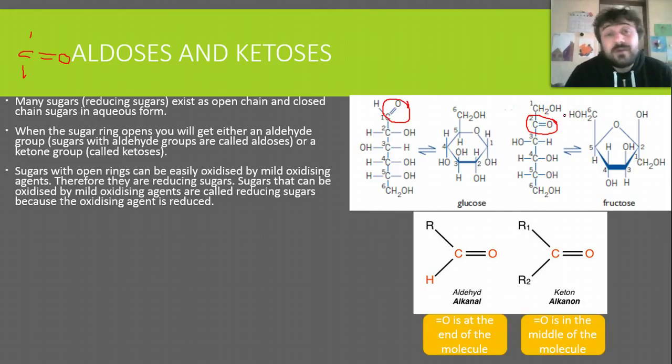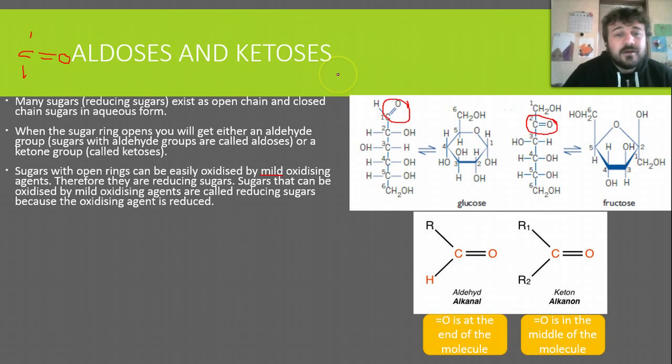Sugars with open rings are able to be easily oxidized. Now here we get the oxidation and reducing jargon, and it gets confusing. So remember this: sugars with open rings, so an open chain sugar, can be easily oxidized by a mild oxidizing agent.